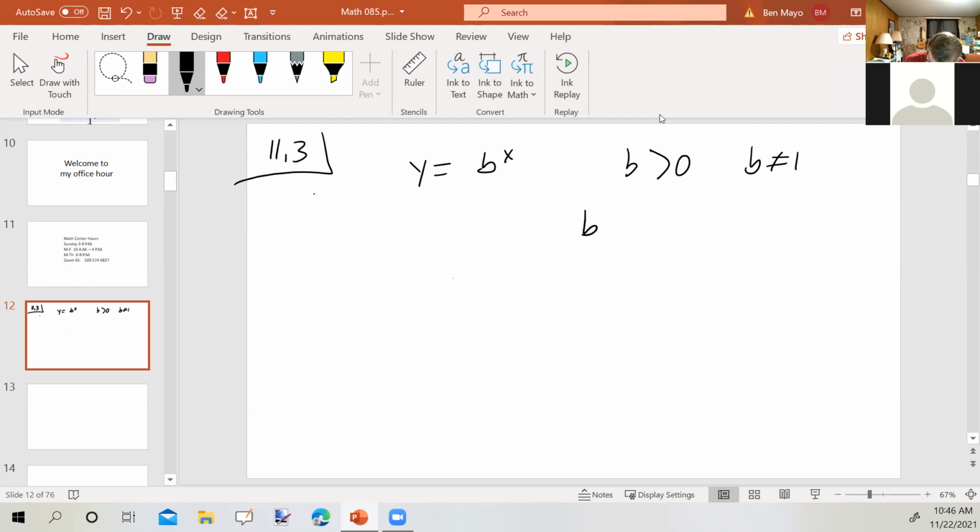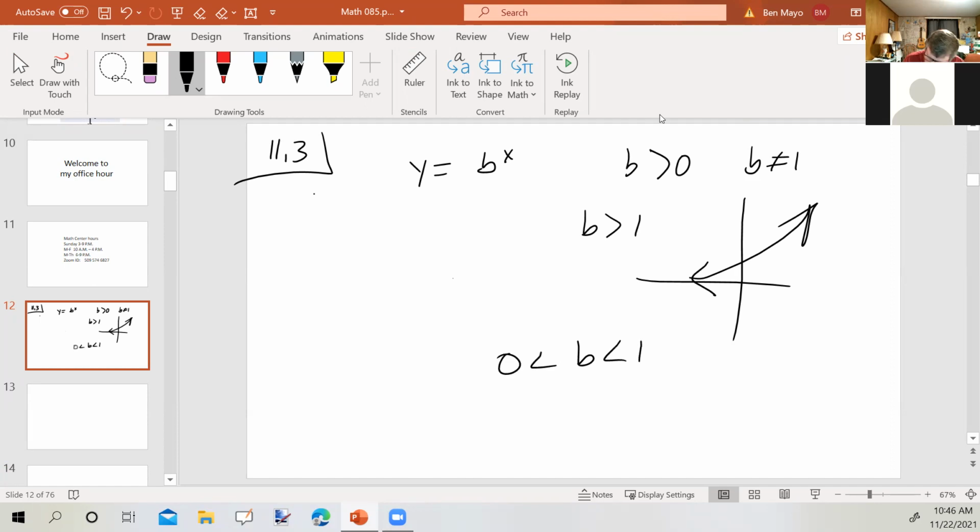And if the base is greater than 1, we get an increasing function. If the base is between 0 and 1, we get a decreasing function. We said the domain was all real numbers. The range is greater than 0, and the y-intercept is at (0, 1).